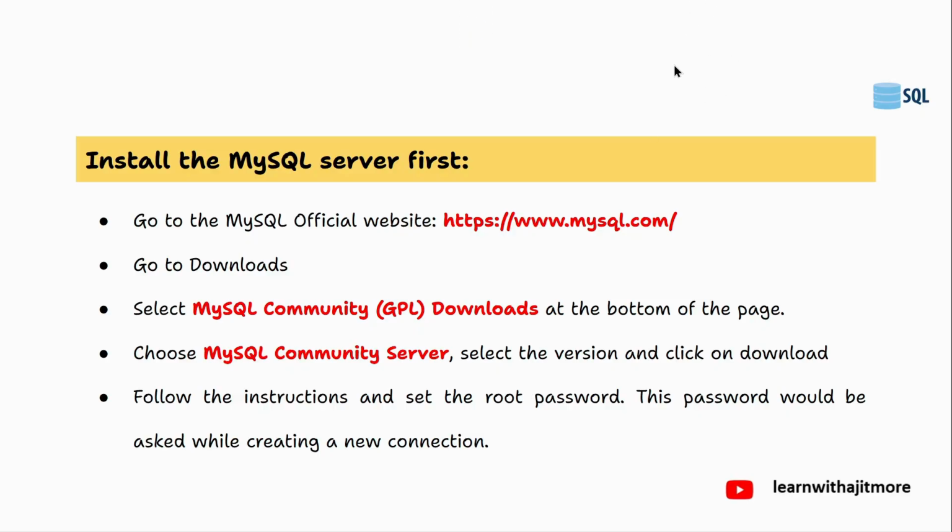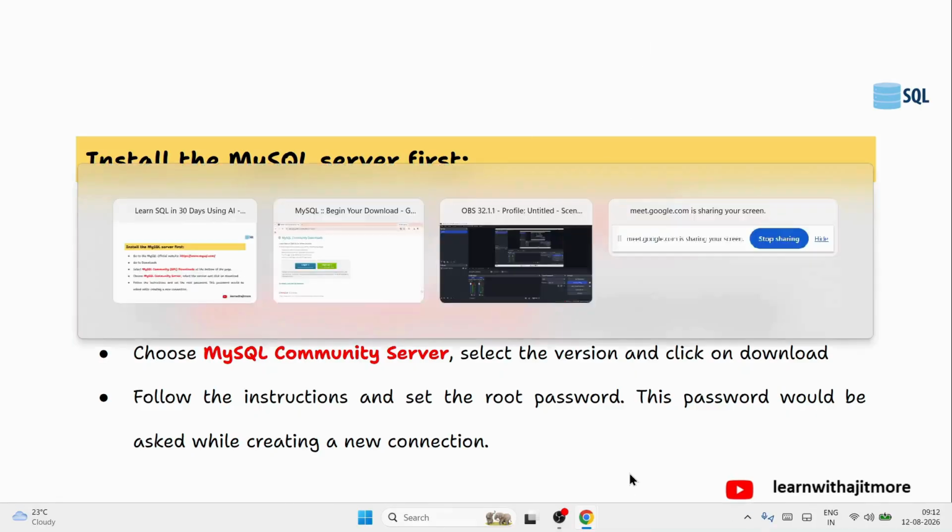Whenever Workbench connects to the server, we have to make use of this password. This password will be asked while creating a new connection, whenever Workbench wants to talk with the MySQL server. So I hope till here it is clear.